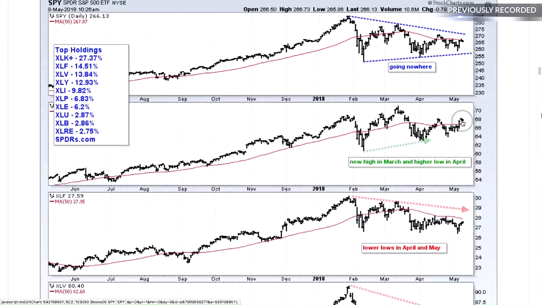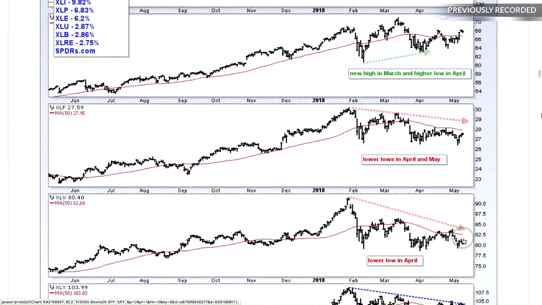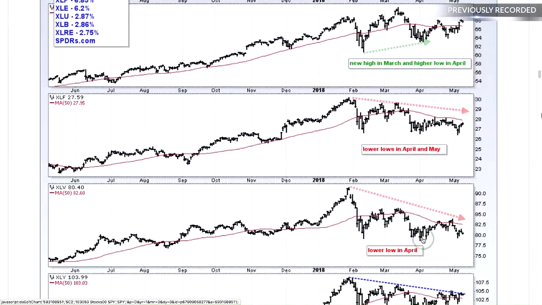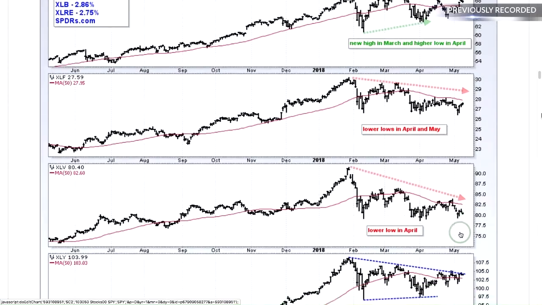So by definition, it's above and it is showing relative chart strength relative to SPY. XLF is below it, so it's one of the weaker ones. XLV is below it. XLV also had a lower low here, and it's looking weak. So XLF and XLV are not looking good. XLK is looking all right.